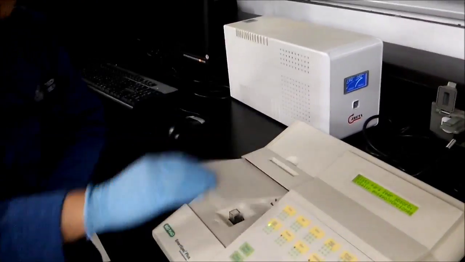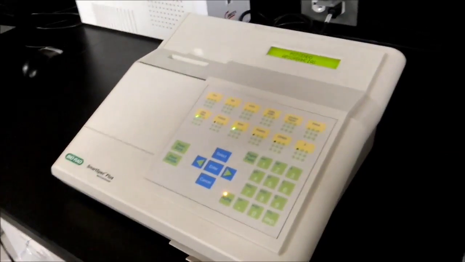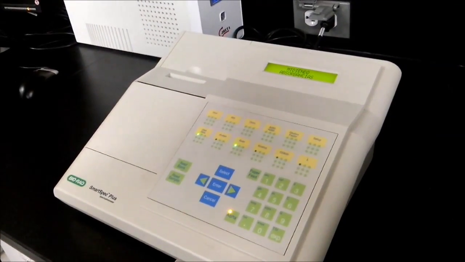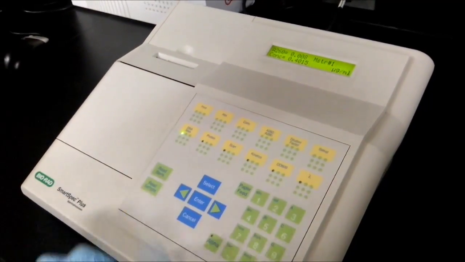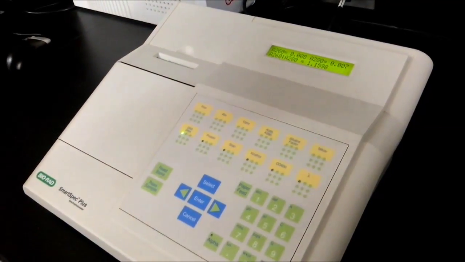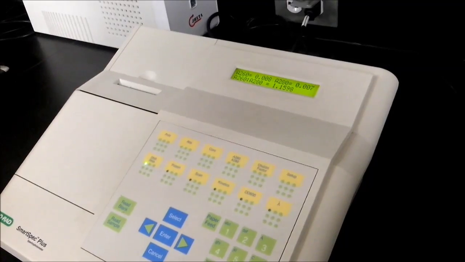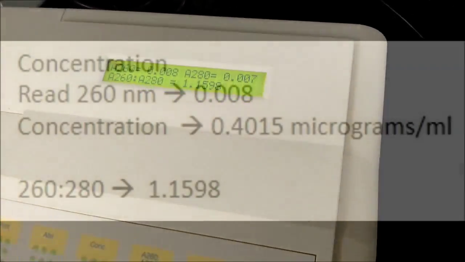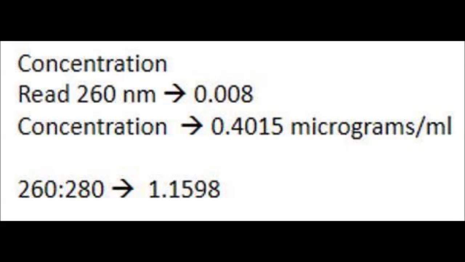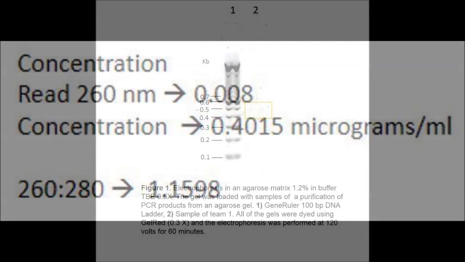In the spectrophotometer, at a reading of 260 nanometers wavelength, we got 0.008, and the concentration was 0.4015 micrograms per milliliter, and in the ratio of the readings of 260 and 280 we got 1.1519.